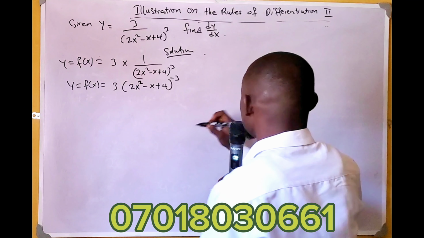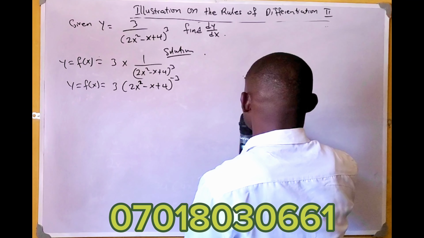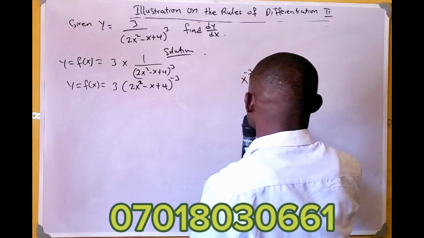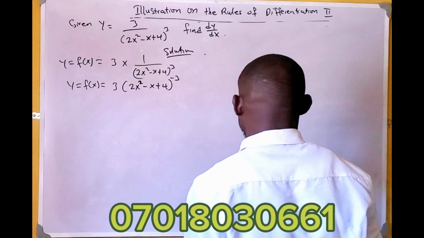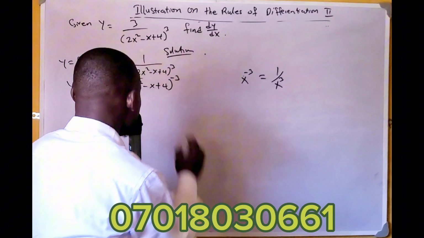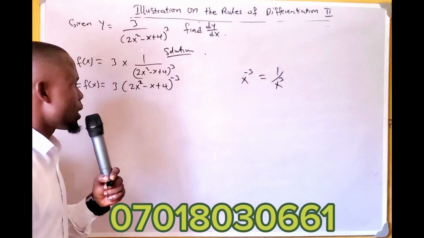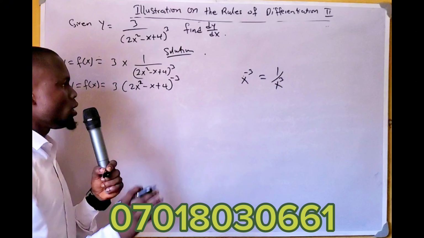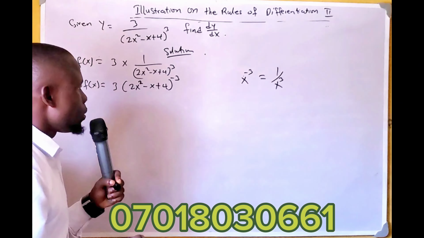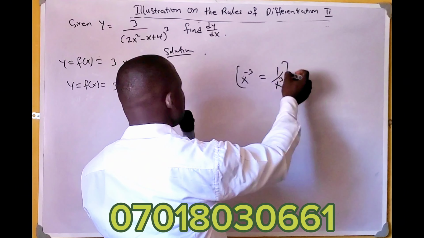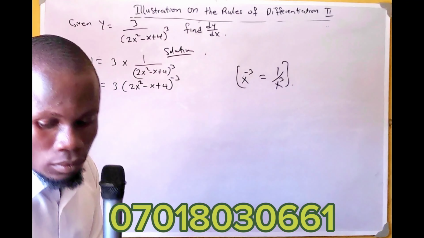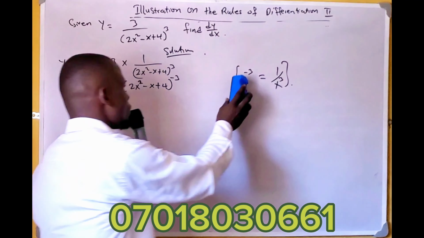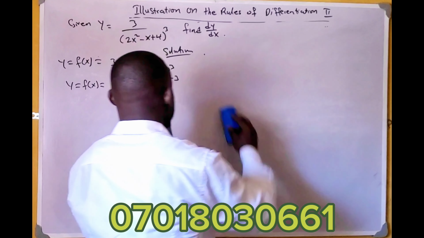Because in indices, if you have x raised to the power minus 3, this is the same thing as what? 1 over x raised to the power 3. So that's exactly what we have done here. No magic. We just apply our basic understanding in indices.